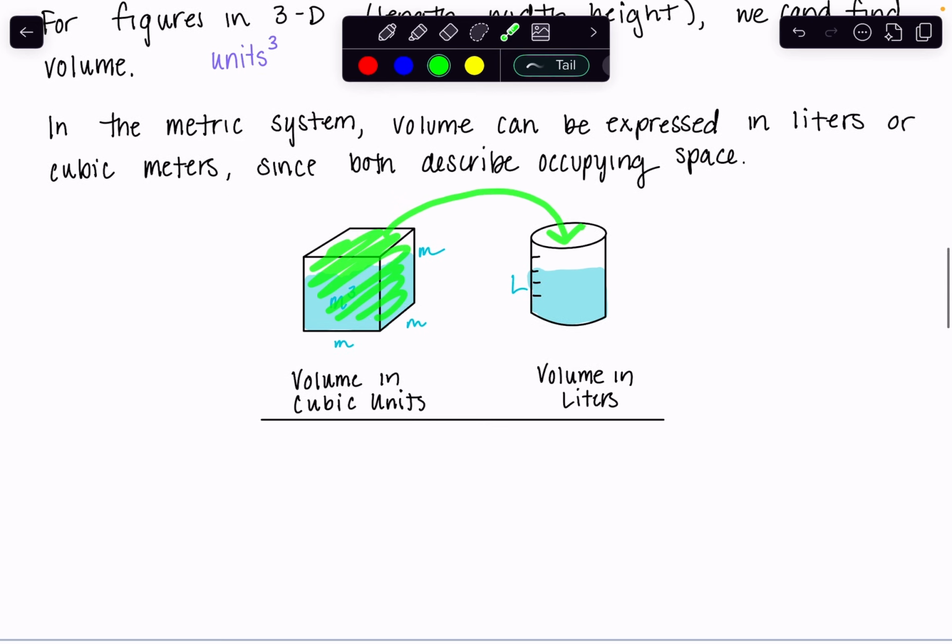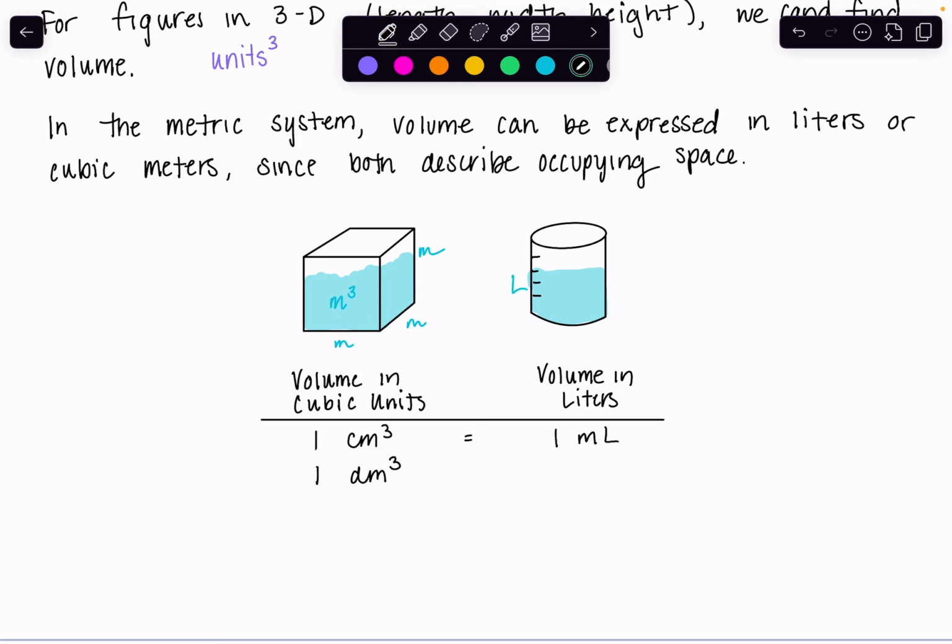So we ultimately do have some conversions from cubic units to liters. So if I have 1 centimeter cubed, it's the same thing as 1 milliliter. 1 decimeter cubed is 1 liter. And 1 meter cubed is 1 kiloliter.